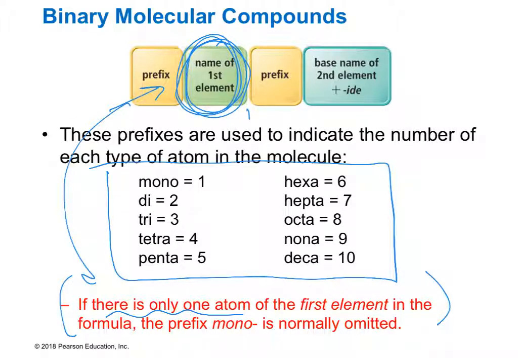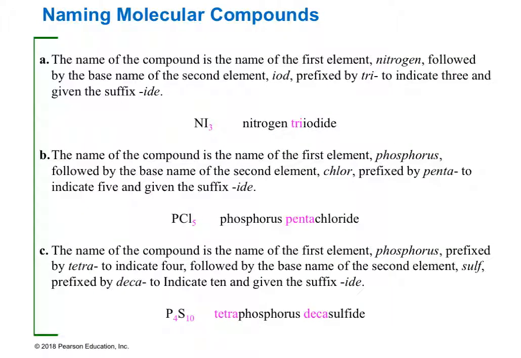If there's only one, then the prefix is left out. But that's the only exception. And then the second element will have a prefix, always, even if there's only one of them. And you also have to remember to give the second element, the last element, an IDE ending, just like we did in ionic compounds. So let's practice some of them.